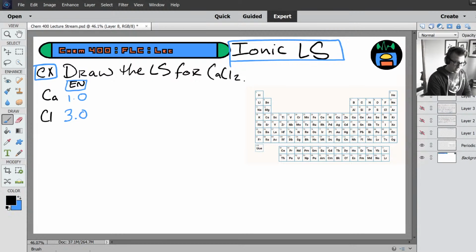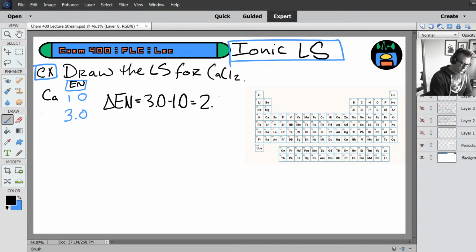So our electronegativity difference here will be 3.0 minus 1.0. Oh wait, hang on. Instead of calcium, we're going to do barium.